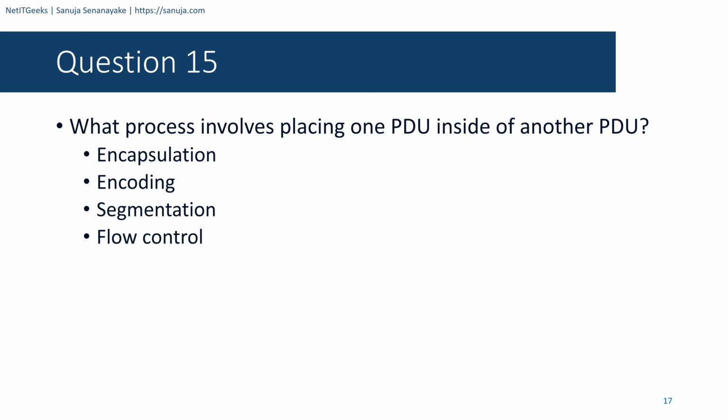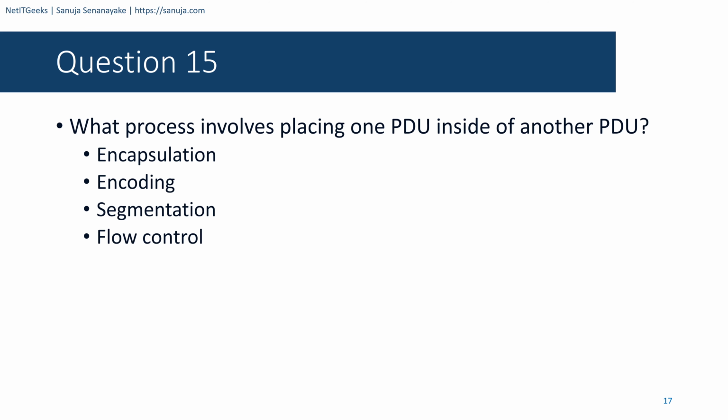Question number 15. What process involves placing one PDU inside of another PDU? Again, go back to the models that we covered previously, the OSI model. What process involves placing one PDU inside another PDU?